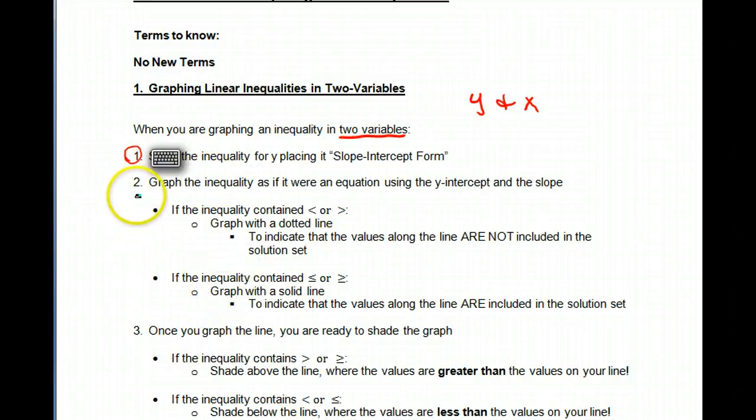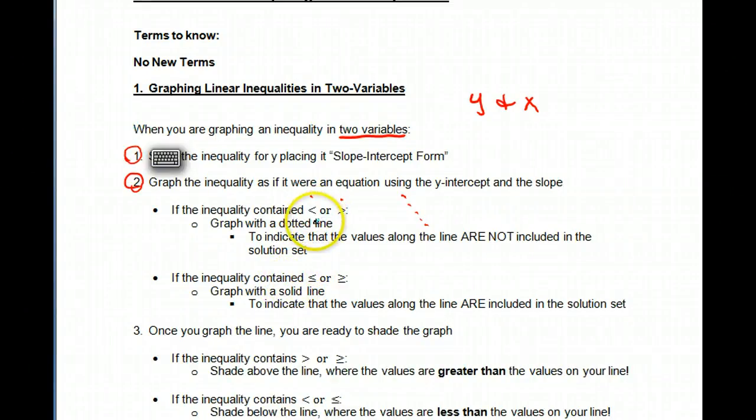Second, you want to graph the inequality as if it were an equation using the y-intercept and your slope. Now this is where the difference comes in. If the inequality contained a less than symbol or a greater than symbol, you would graph with a dotted or dashed line. The purpose there is to indicate that the values along that line are not included in your solution set.